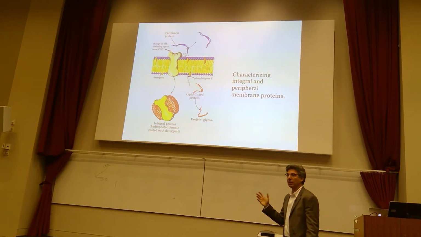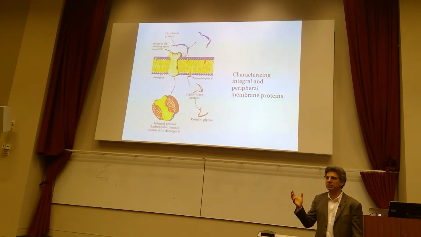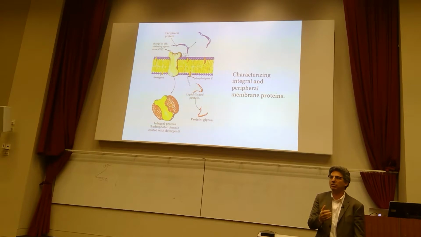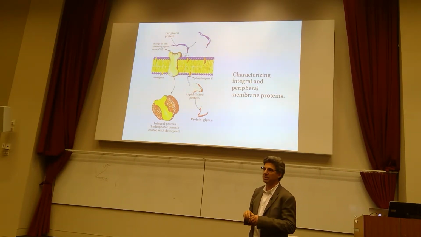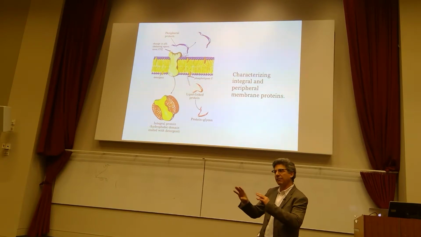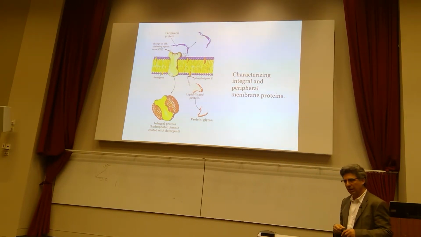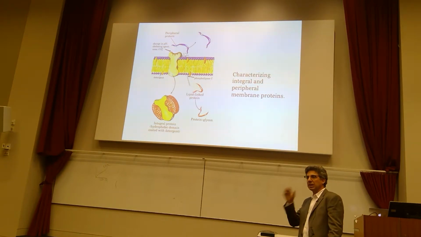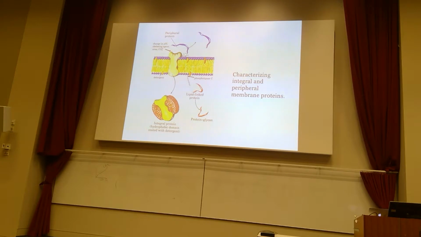So the cell is no longer viable, the membrane is no longer intact. We introduce so much damage into the membrane through the action of these detergents that the membrane is destroyed. So we have to have a fine balance between being harsh enough to pull the proteins out of the membrane, but not so harsh that we denature the protein itself. That's a fine balance and explains why so few membrane proteins have been purified and crystallized.